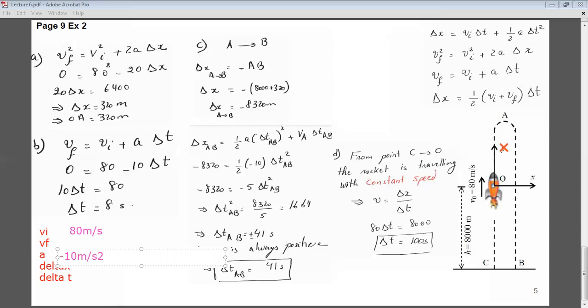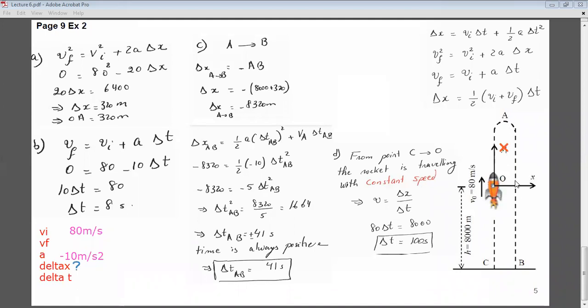Part A, he's asking me to calculate the maximum height. So what is he asking for? He's asking for delta x. Okay. So he's asking for the maximum height, so this distance from O to A. Okay.